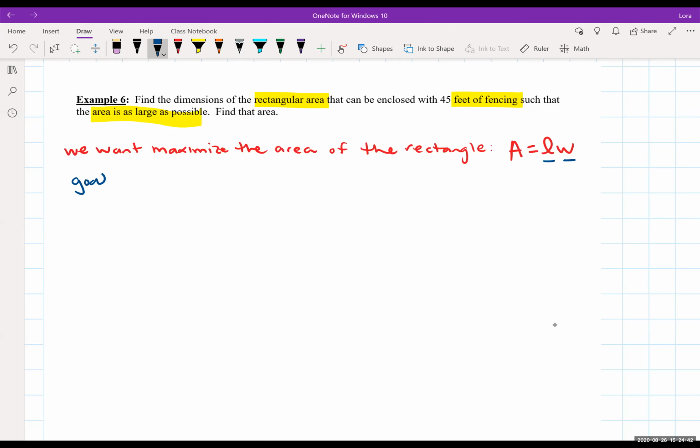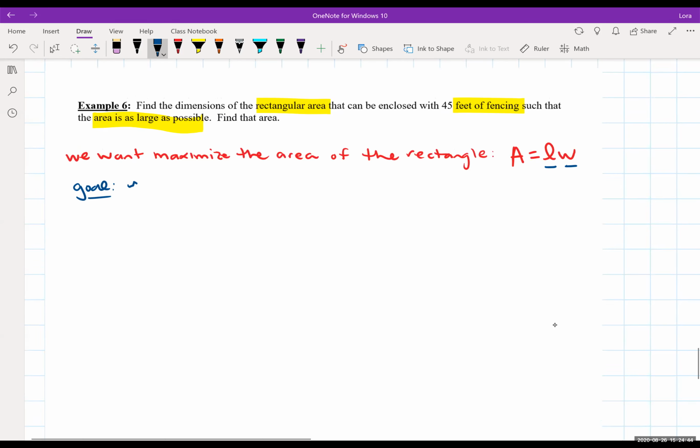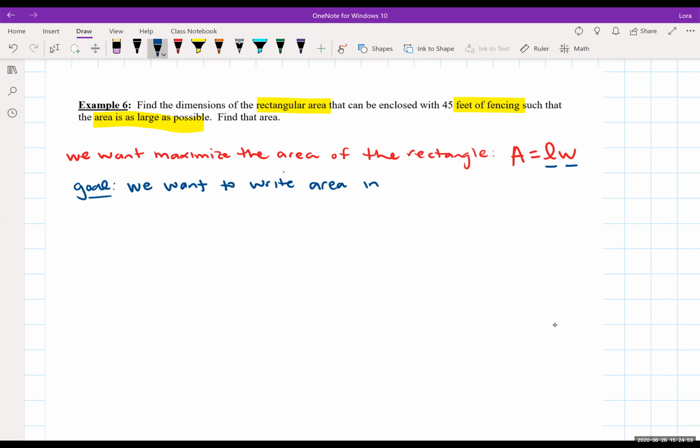So goal at this moment, we want to write area in terms of one variable only. And we can take our pick. You either want it only length or only width.